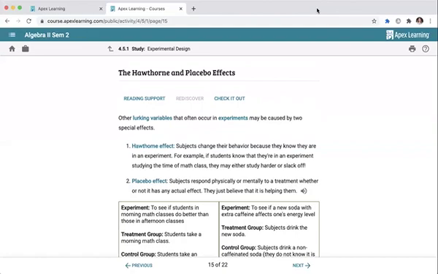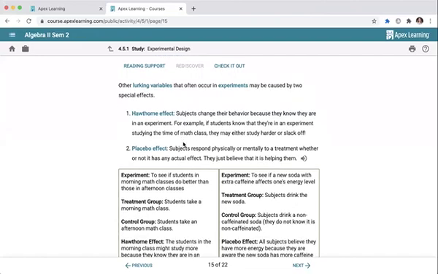Then we have lurking variables that can cause two other special effects. The first one is called the Hawthorne effect, and the second one is called the placebo effect. Hopefully you've at least heard of the placebo effect. In the Hawthorne effect, subjects change their behavior because they know they are in an experiment.